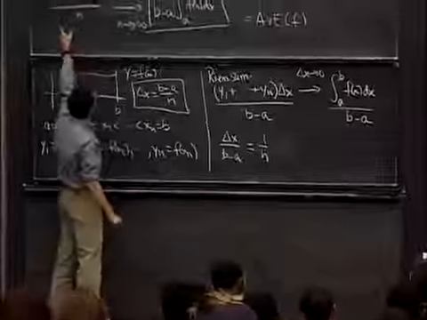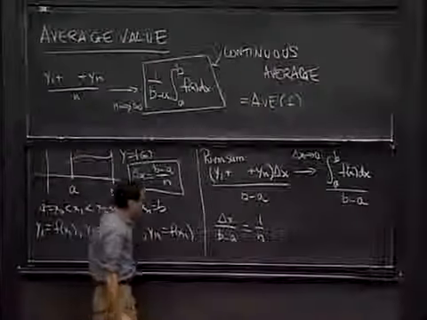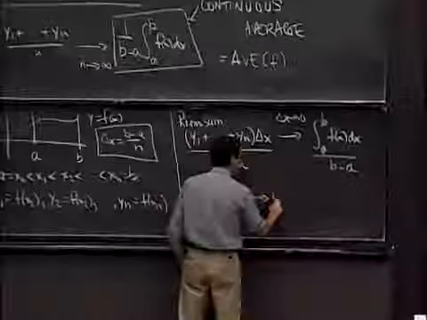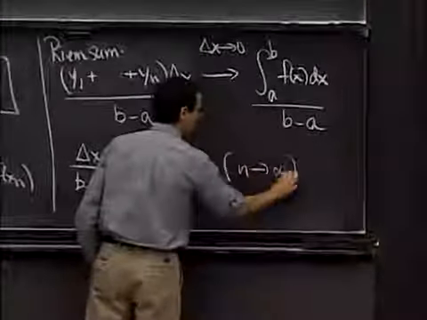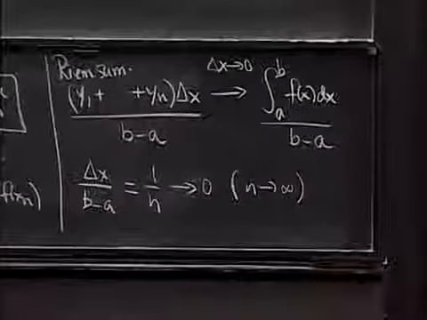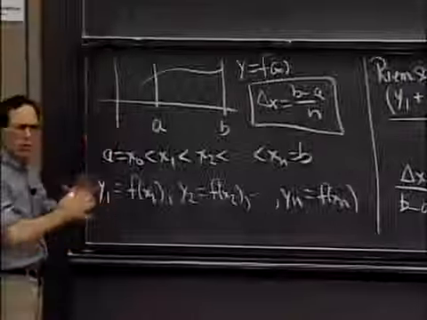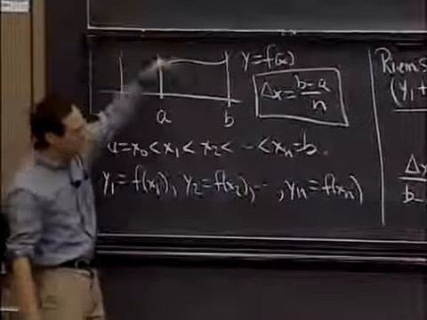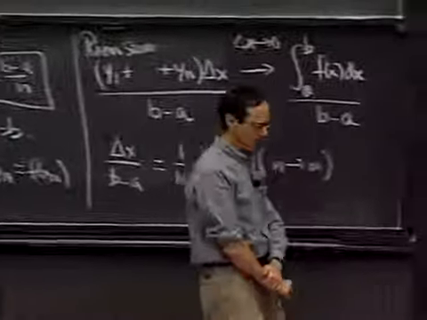That's what I put over here, the sum of y1 through yn divided by n. And as delta x tends to 0, it's the same as n going to infinity. Those are the same things. So the average value and the integral are very closely related. There's only this difference that we're dividing by the length of the interval.